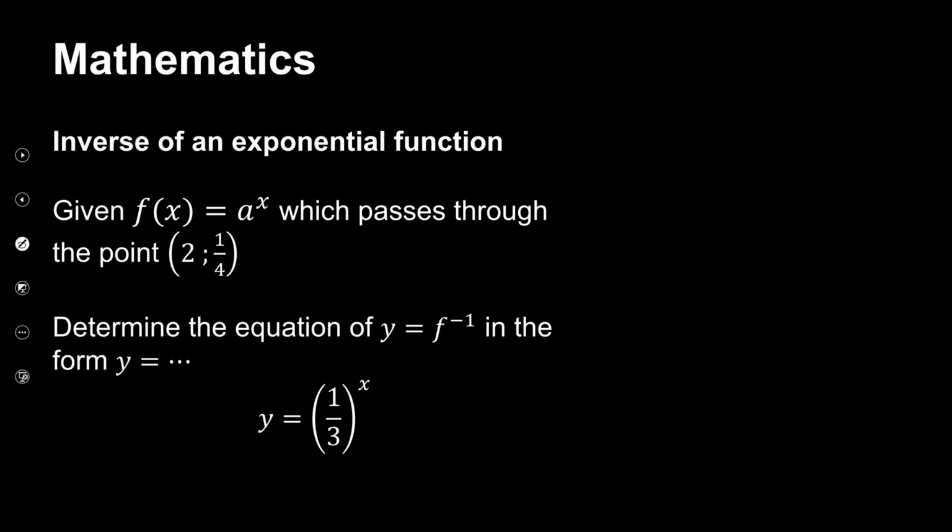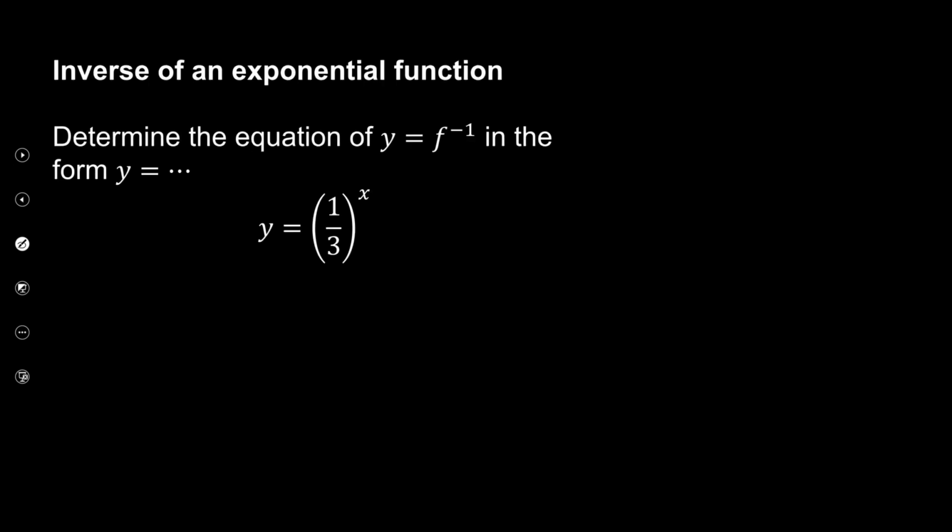Now they want us to determine the equation of the inverse in the form y is equal to. Remember what we need to do: we interchange the x and the y. So this becomes x is equal to 1 over 3 to the exponent of y, and therefore y is equal to log of x base 1 over 3, right?